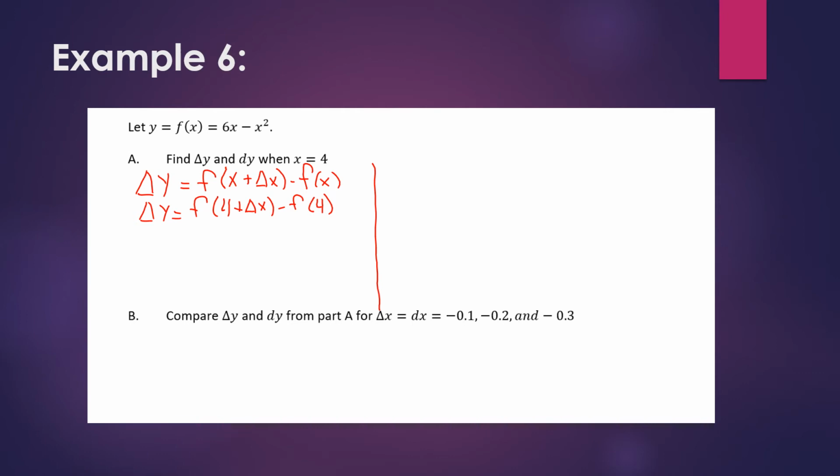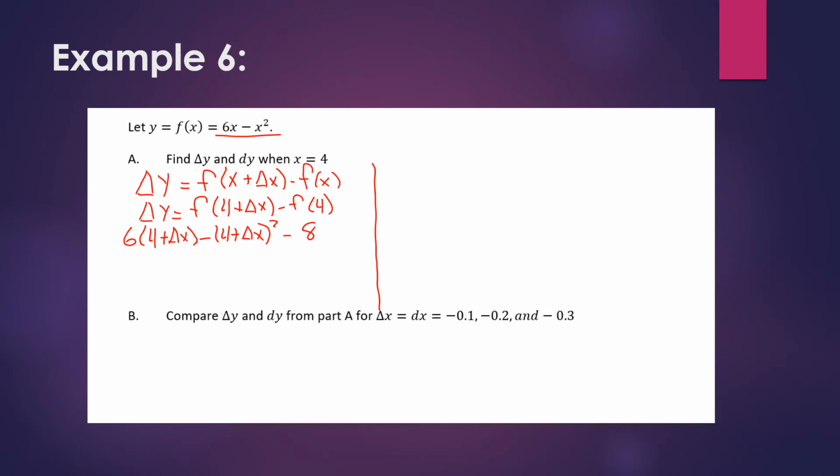So we need to plug into 6x minus x squared. And when we do that, we are going to get 6 times (4 plus delta x) minus (4 plus delta x) squared. And then we're going to subtract the f of 4. If I plug in 4, I'm going to get 24 minus 16. 24 minus 16 is going to be 8.